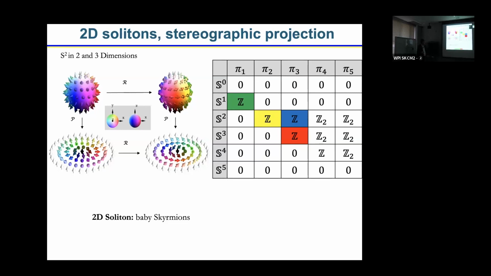And oftentimes we can have geometrically very different configurations, like Bloch and Néel types of two-dimensional skyrmions with different configurations, but they can be morphed one to another as long as they're characterized by the same integers. And indeed, this can be confirmed by characterizing these field configurations of order parameter space.